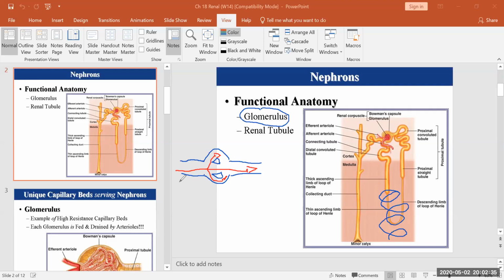Now what we have on this side, this is an arteriole. What we have on this side is a venule. And what you have here is your capillary bed. CB, okay, capillary bed. For simplicity, I am only showing 3 capillaries, right?